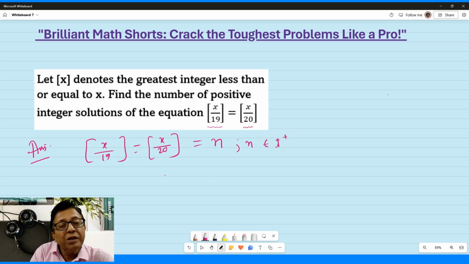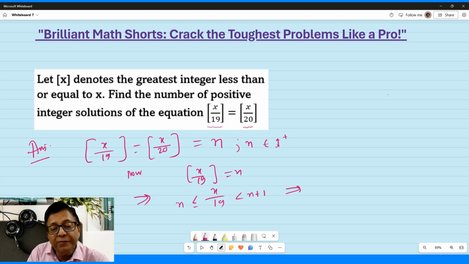Now you know that when floor of x by 19 is equal to n, what does this imply? That x by 19 itself is greater than or equal to n and less than n plus 1. Because this is an integer, it gives n, so in which interval will it lie?